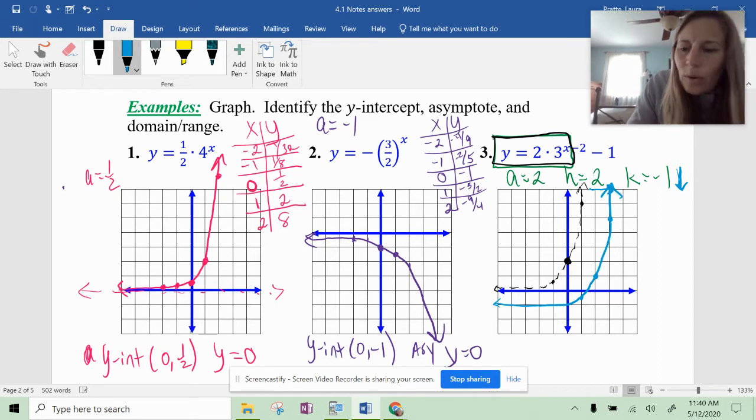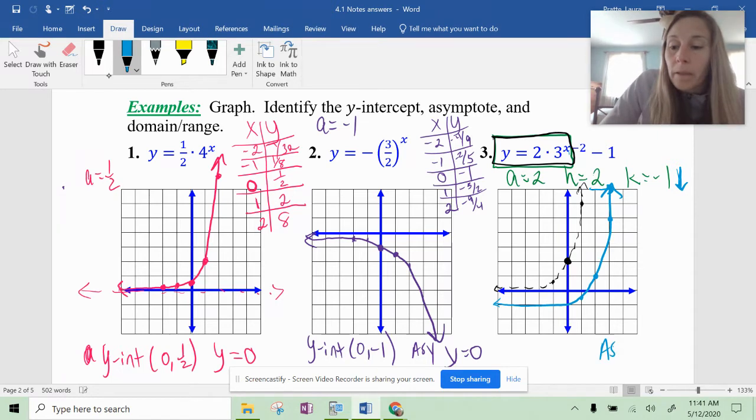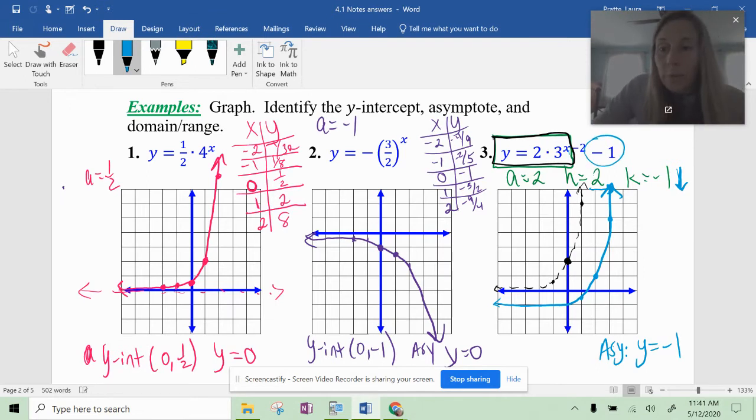So it's just a way of graphing it without typing that big long thing into your calculator or making a chart for that big long function. It's much easier to make a little table for the shorter one and then just shift all your points. Notice that the asymptote here is y equals -1 because that was the k value.